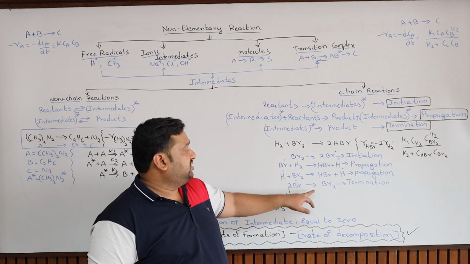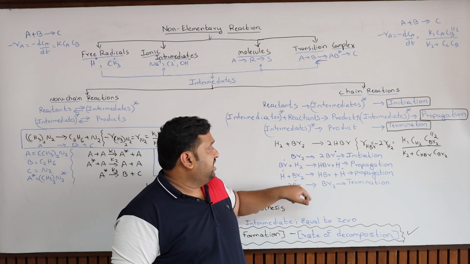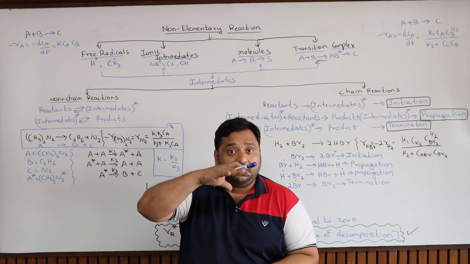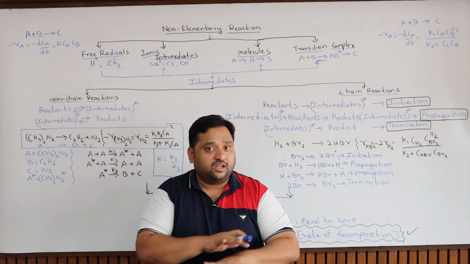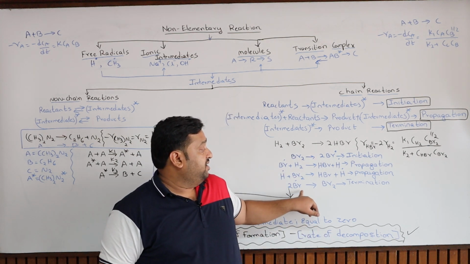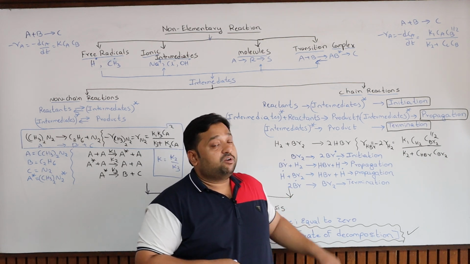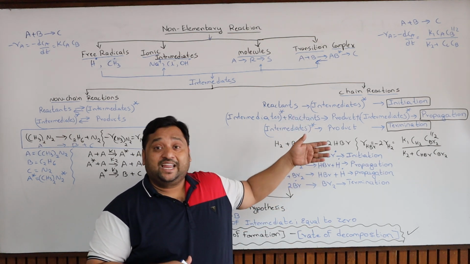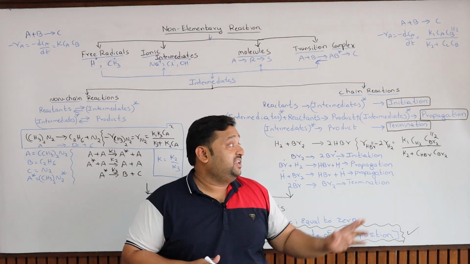As long as Br dot is there, H dot will get generated. So once you consume the Br dot in the reaction, automatically H dot generation will stop. That is why the last step, where the intermediate becomes a normal molecule, is called the termination reaction.